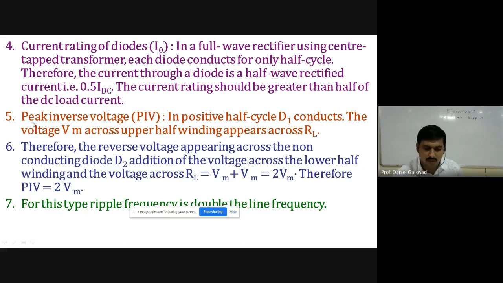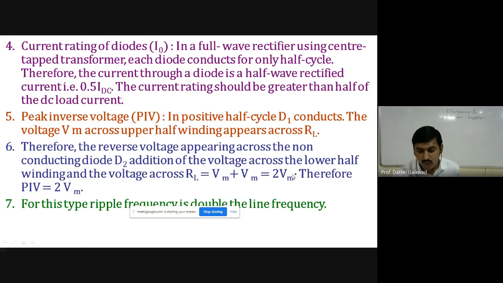Now we have the second definition, peak inverse voltage. In the positive half cycle D1 conducts, and the voltage Vm across the upper half winding appears across RL. Therefore, the reverse voltage appearing across the non-conducting diode D2 is the addition of the voltage across the lower half of the winding and the voltage across RL, which is equal to Vm plus Vm.